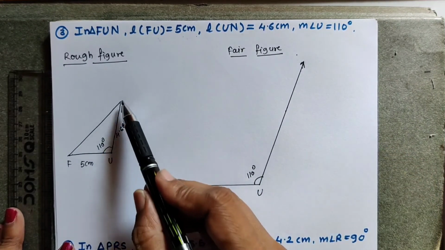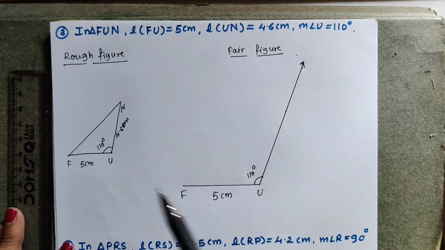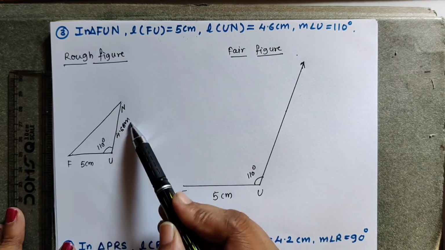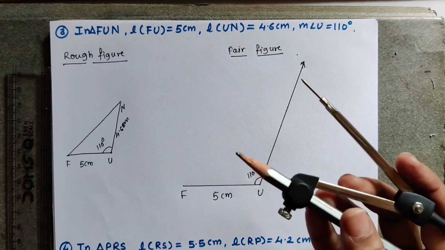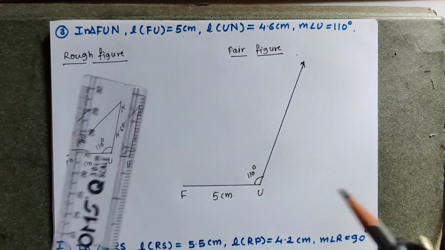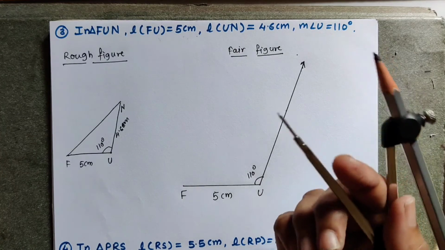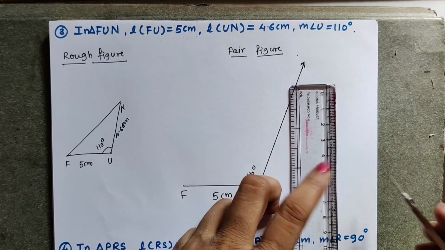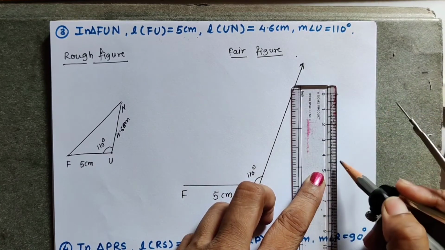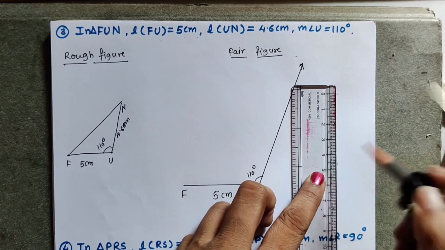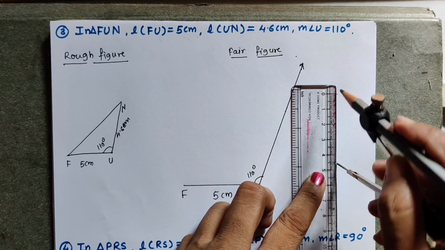Now we have to fix the position of point N on this ray. This point N is at 4.6 centimeter from point U. So we will take the distance of 4.6 centimeter in the compass by using our scale from 0 till 4.6 here. And now take the distance properly.